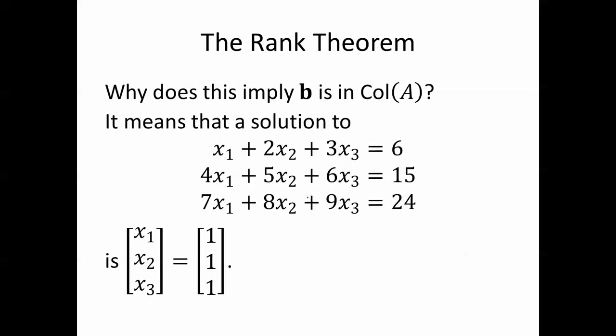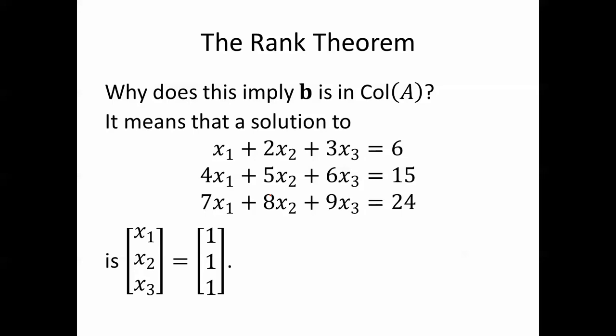Why does this imply that B is in the column space of A? It means a solution to x1 plus 2x2 plus 3x3 equals 6, 4x1 plus 5x2 plus 6x3 equals 15, 7x1 plus 8x2 plus 9x3 equals 24 is x1, x2, x3 equals 1, 1, 1.